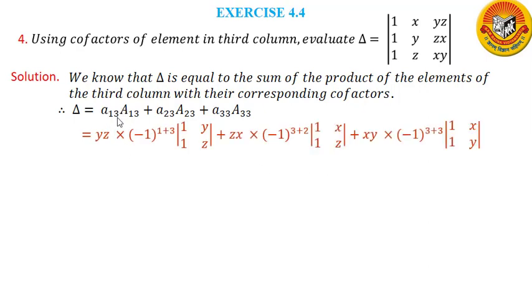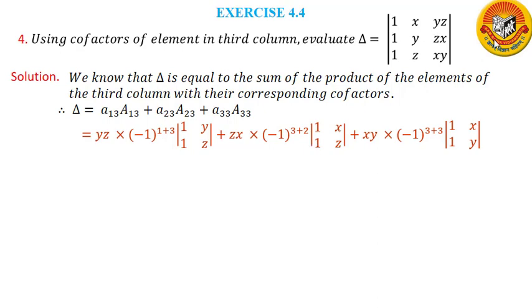a13 is yz into minus 1 power 1 plus 3 into, I will remove this first row and third column and I will get 1y, 1z. Plus I use a23. The value of a23 is zx, then into minus 1 power 3 plus 2, or I can say 2 plus 3, right?